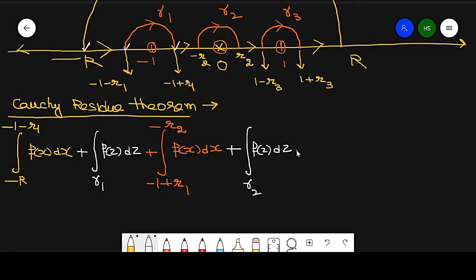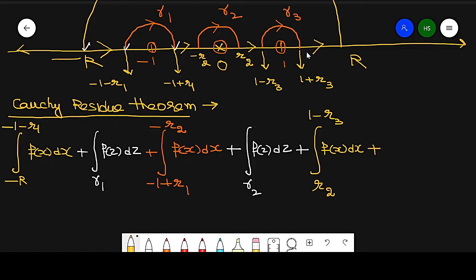Next, again the real line, so this is an integration from this point, and what is this point? Gamma 2 is R2, so the interval runs from R2 to 1 minus R3. So this is equal to the integral of f(x) dx over the real line plus this value.